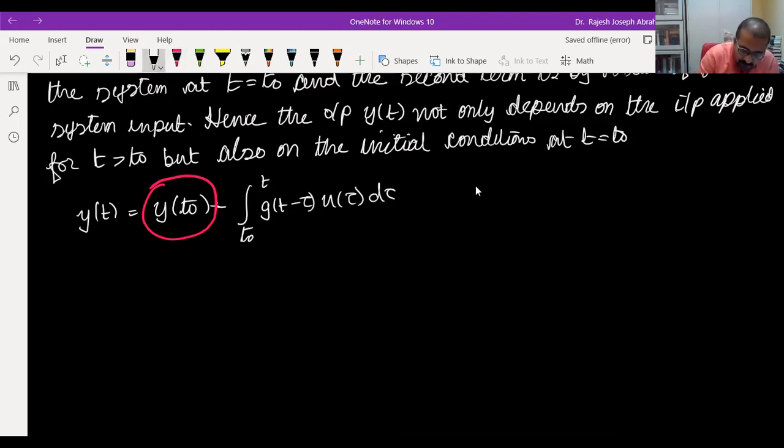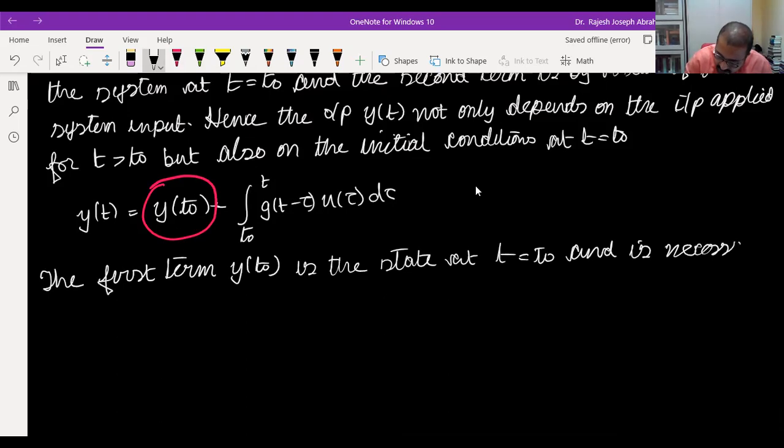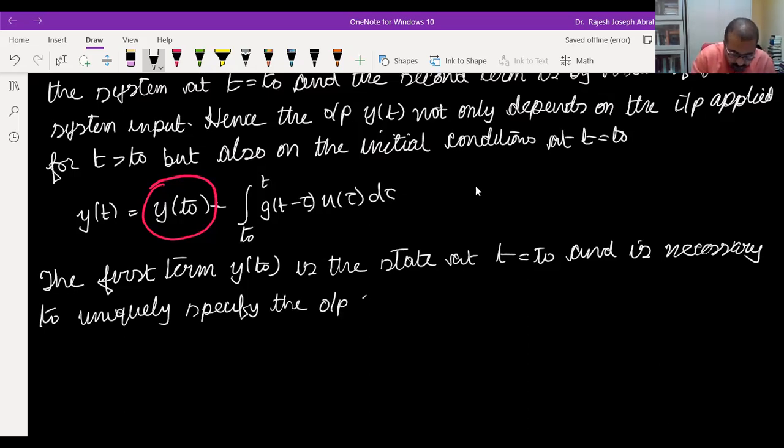Fine. So the first term y of t naught is the state at t equals t naught, and is necessary to uniquely specify the system output when input is applied for t greater than t naught.